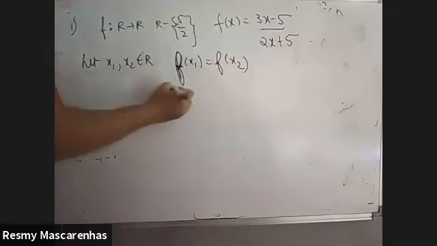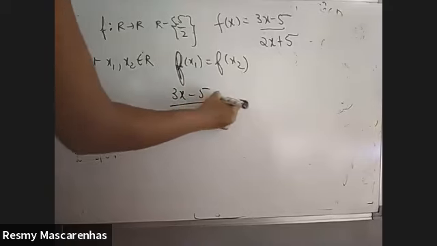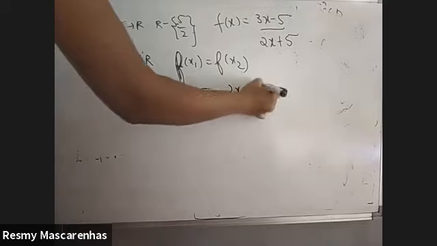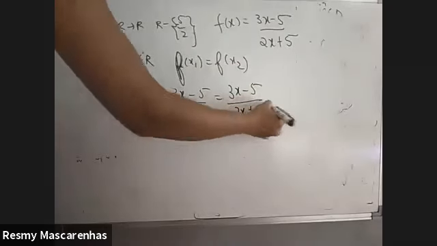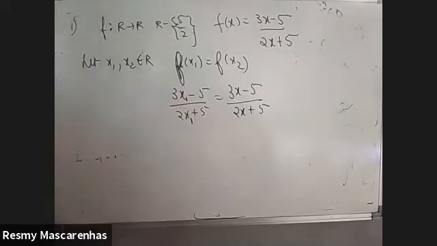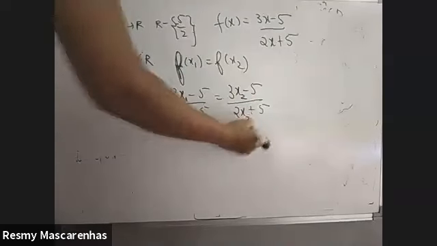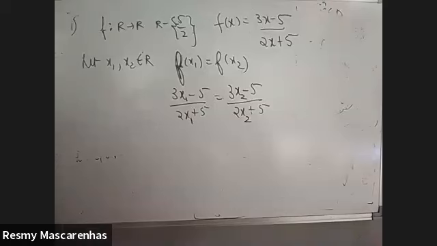Okay, so let x1, x2 belong to R, and f of x1 is equal to f of x2. On both sides you write the same expression. On the left-hand side it will be x1, and the same way on the right-hand side, wherever there is x, you put x2.